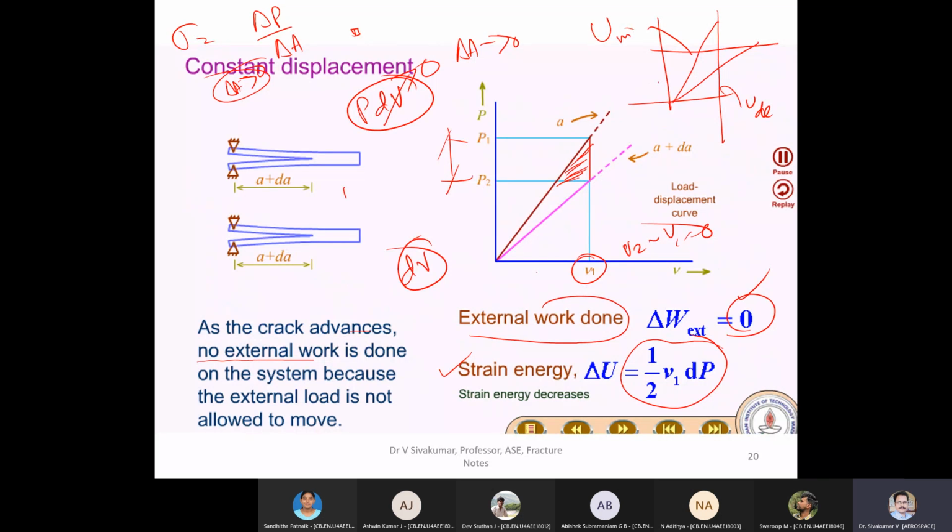When the crack proceeds further and further, at a certain time the strain energy is increasing, at the same time it is decreasing, increasing, decreasing. This is the scenario. It will happen when the crack is growing further and further. These are the discussions or topics we have for today.